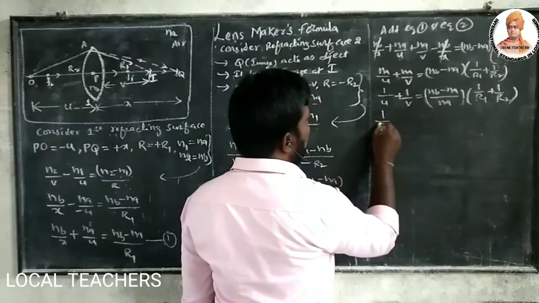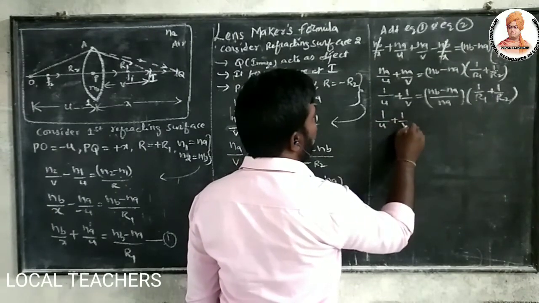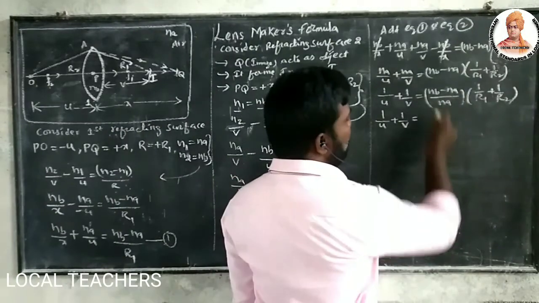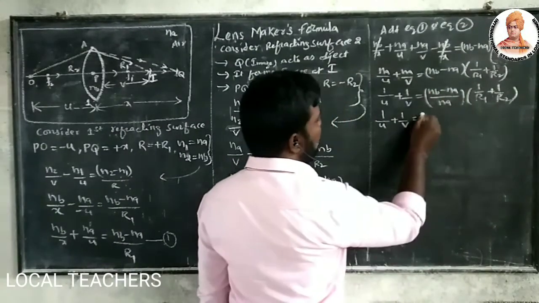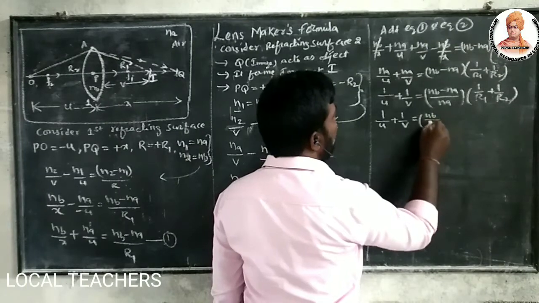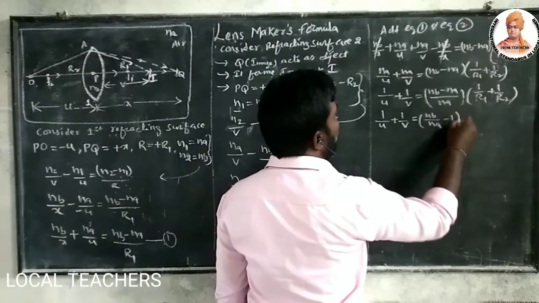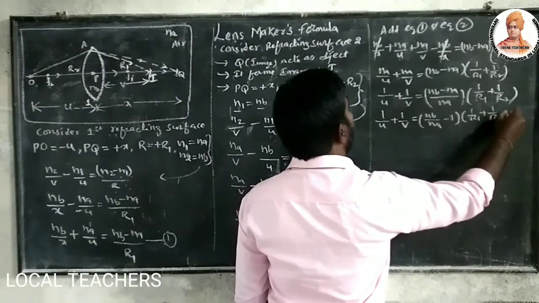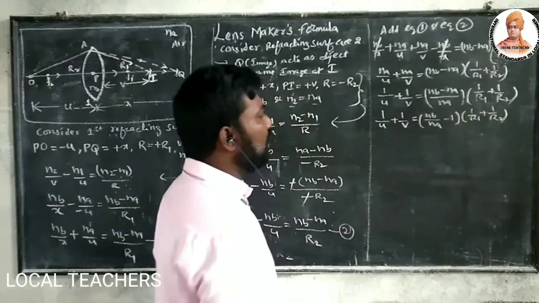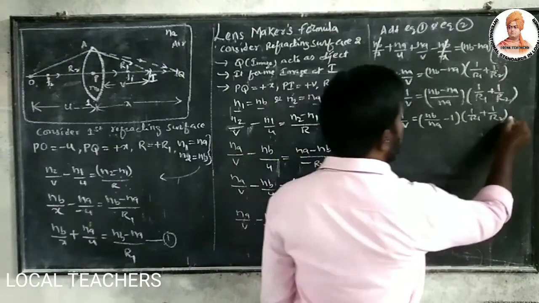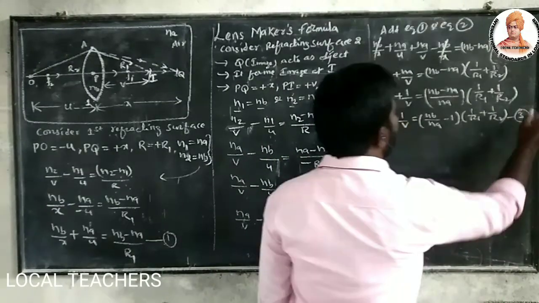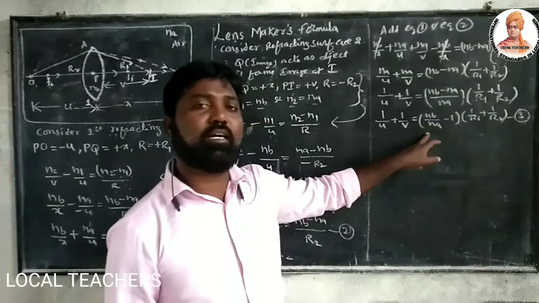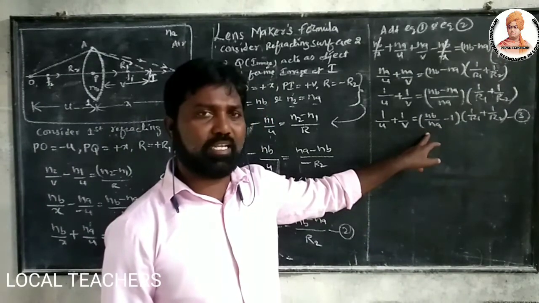So this we can write here: 1 by U plus 1 by V equals, expand this NA for both NB and NA, so we can write NB by NA minus 1 into 1 by R1 plus 1 by R2. Okay. So consider this is equation number 3.